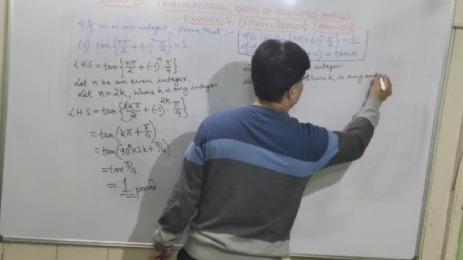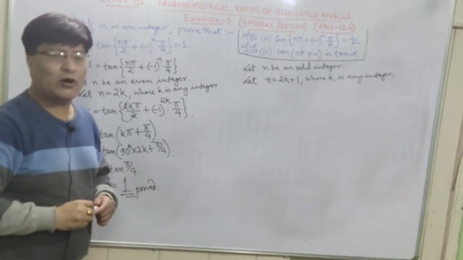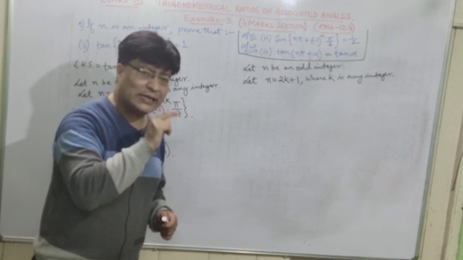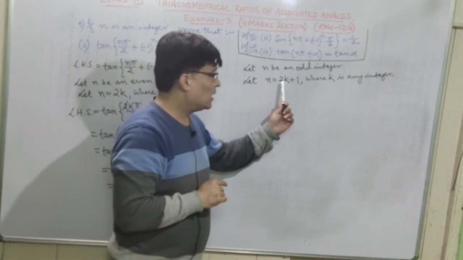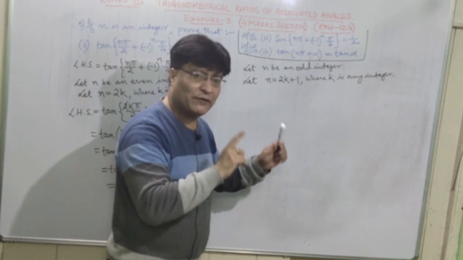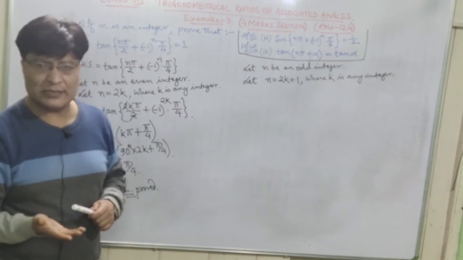It may be odd integer, it may be even integer. If an integer is multiplied by 2, and if 1 is added, that means it may be odd integer, it may be even integer.